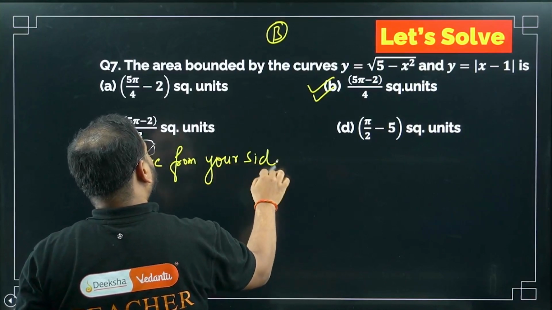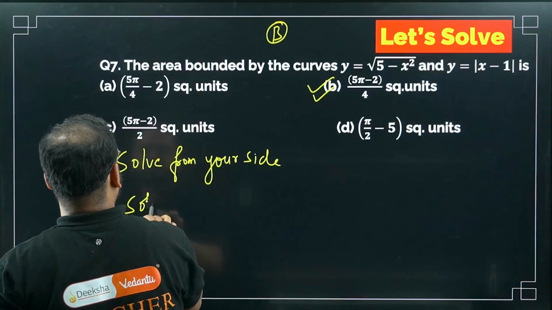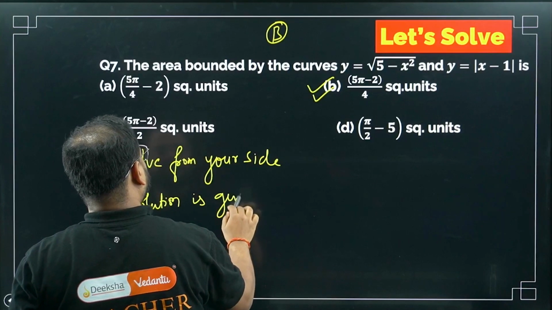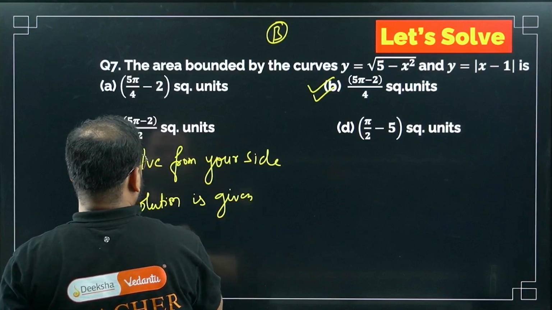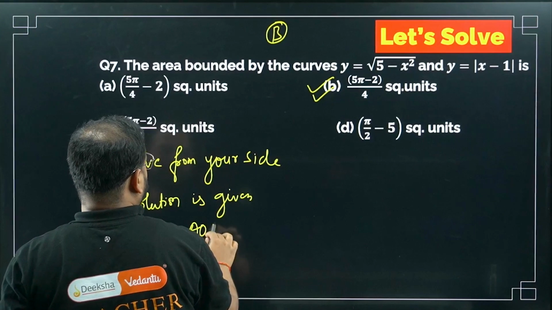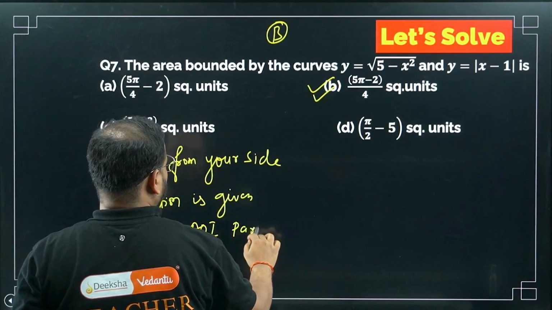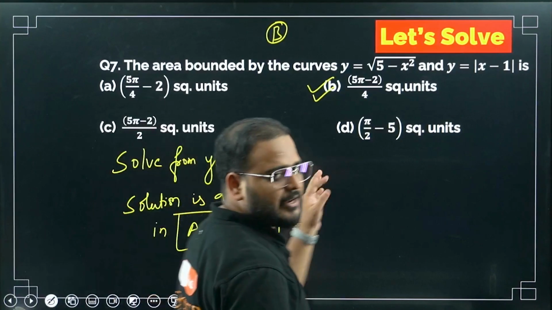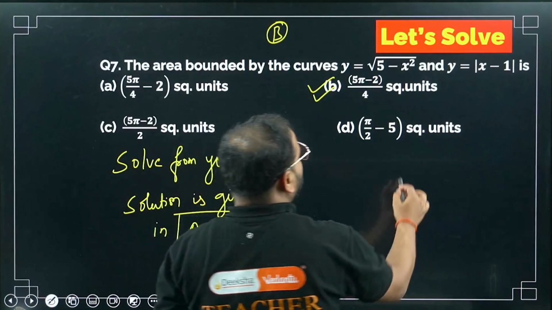How come? Solution I have given in the previous session, in AOI part 2. Just go and check the previous video. Solution is given, but I'll explain it to you. If you don't want to use the solution directly, you can see.